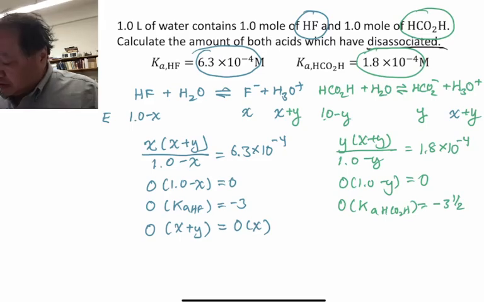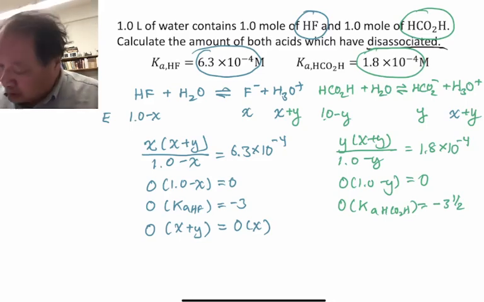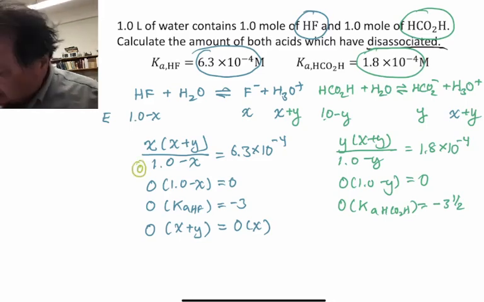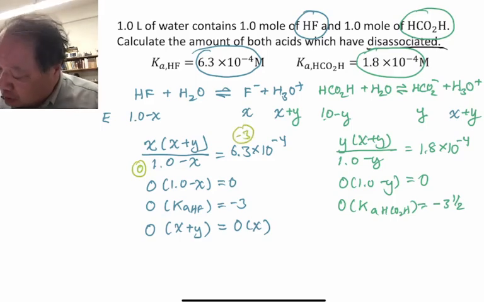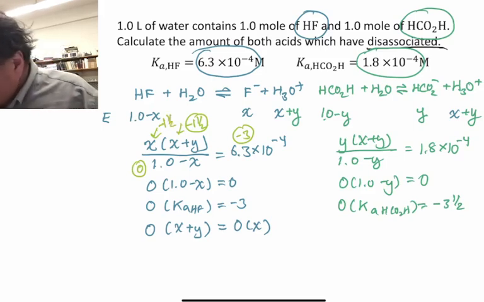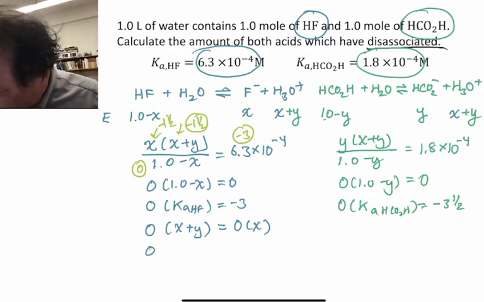So we have that the order of magnitude of the denominator here is 0. The order of magnitude here is -3. And these two terms have the same orders of magnitude. Therefore, they each have orders of magnitude -1.5. The order of magnitude of x is -1.5.